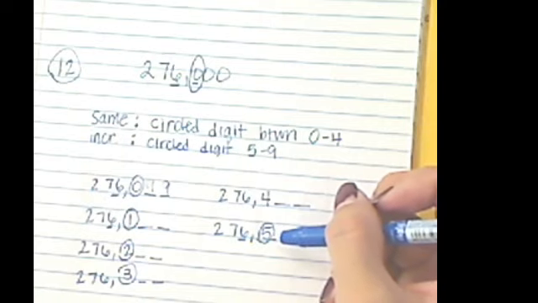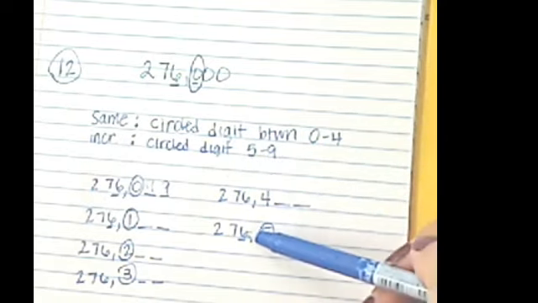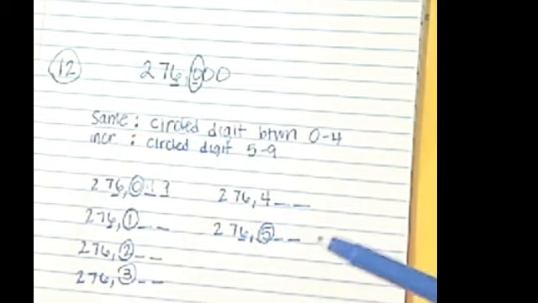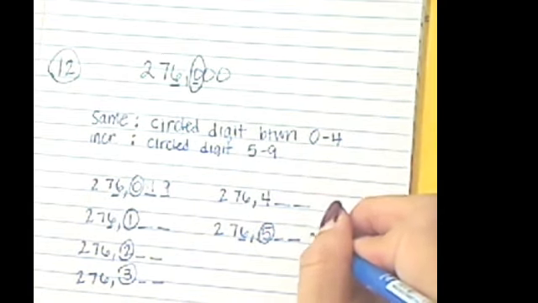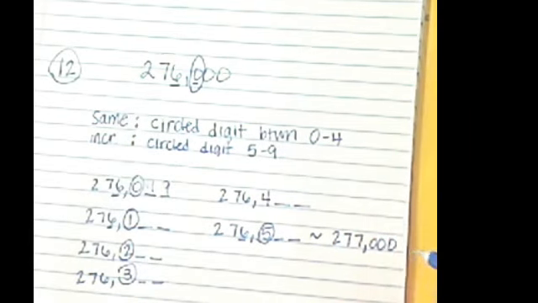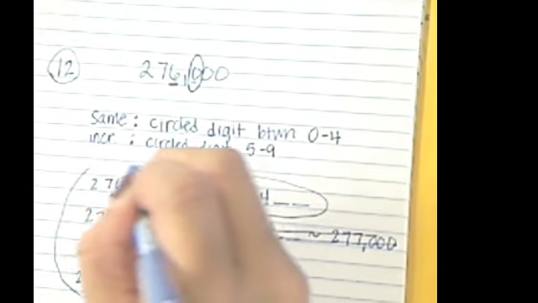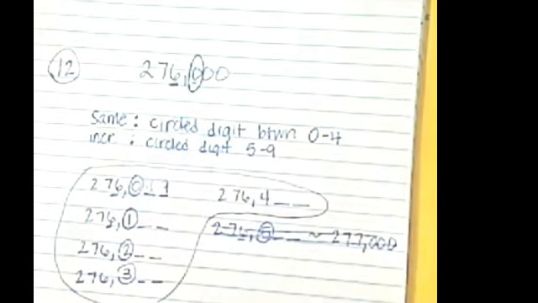Because it's a 5 here, the circle digit, if it's between 5 and 9, this digit would have to be increased. So this would round to 277,000. So this one could not be a possibility. So all of these would be something that you could round to 276,000.